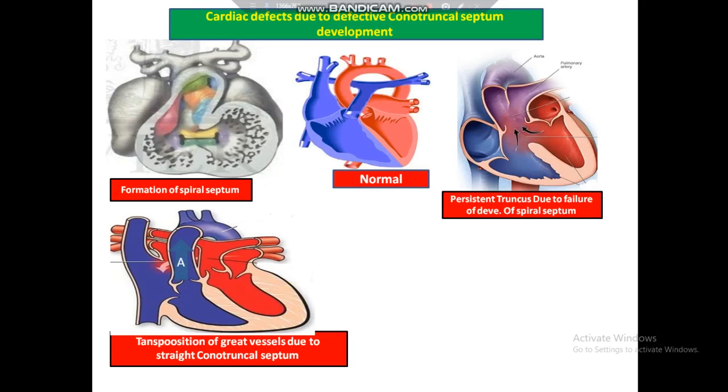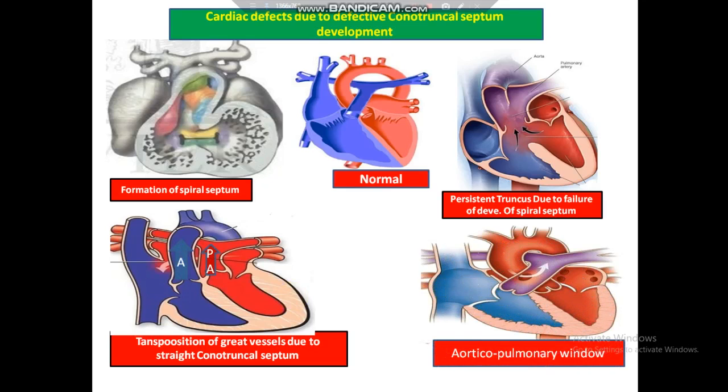So this is the aorta and this is the pulmonary artery. Now sometimes septum formation occurs, but somewhere it is defective, it is incomplete. So there occurs a window of communication between the aorta and the pulmonary trunk, which is known as aorticopulmonary window. This is a very rare condition.